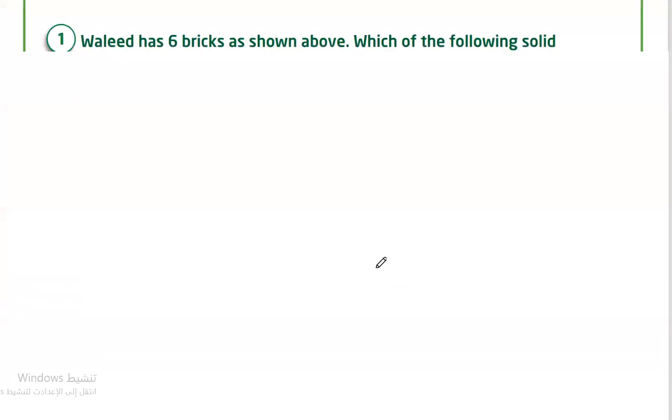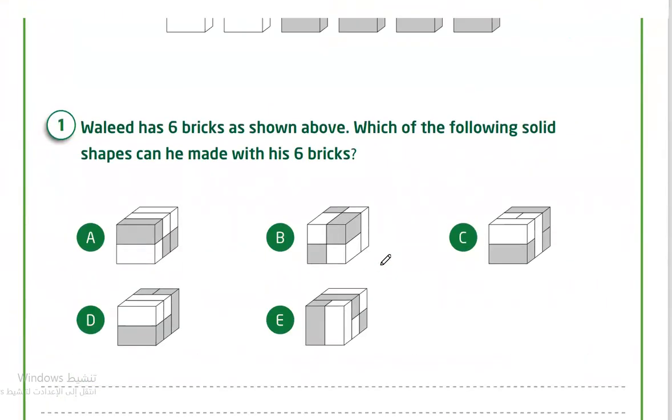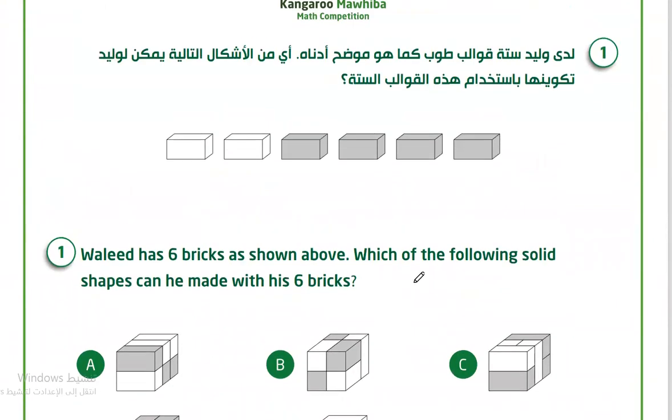Okay, now with Mariam. Question number 1. Please read, Mariam, and explain how to find the answer. Okay, in question number 1, it says Walid has 6 bricks as shown above. Which of the following solid shapes can he make with his 6 bricks?